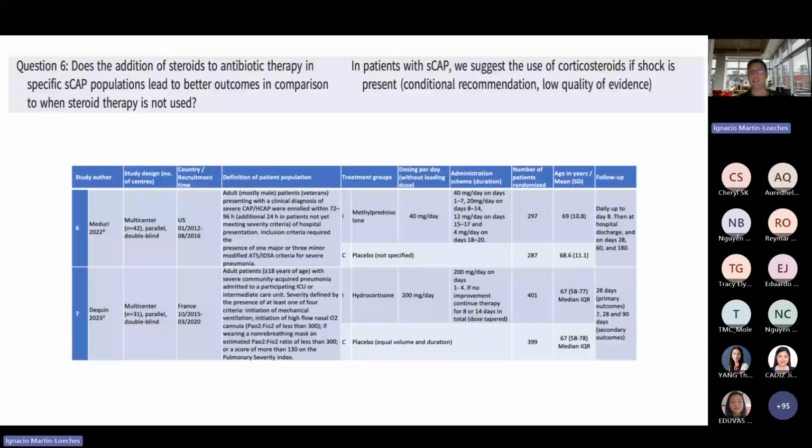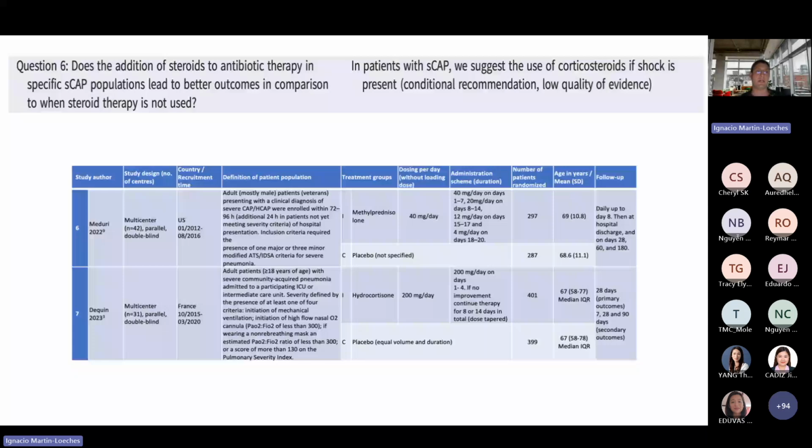The issue is that the number of days was quite long, and there was no benefit in terms of survival. There was another study performed in France, a double-blind parallel study from Dequin, using hydrocortisone, and in this case they had a benefit in terms of mortality.